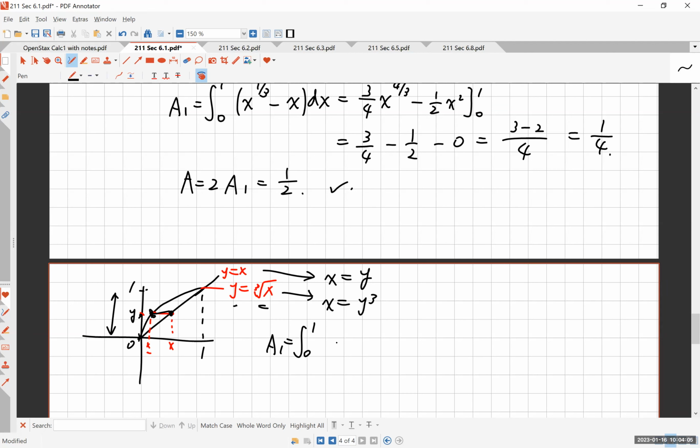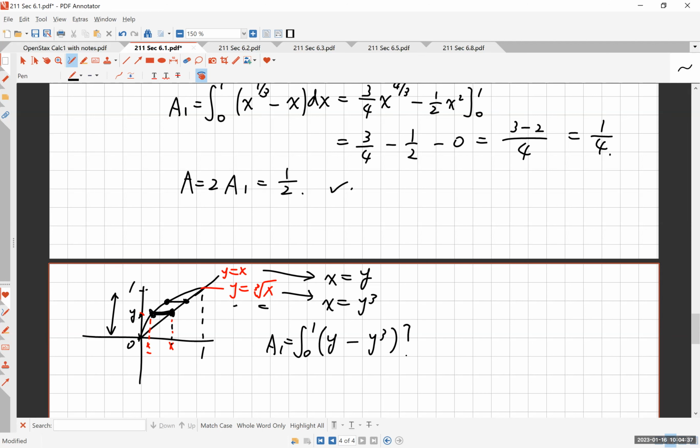And then the higher of the 2 functions, see, higher just means the right endpoint of these black segments. The right endpoint is always going to be the point on x equals y, and then the lower limit of x is the other one, which is y cubed, right?